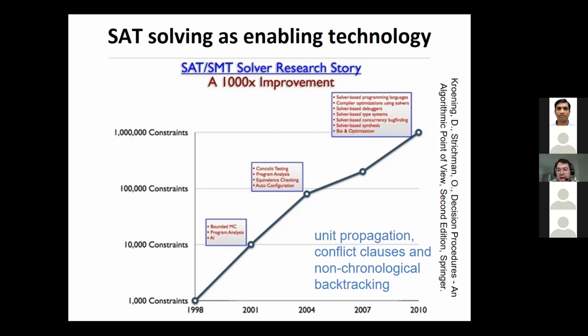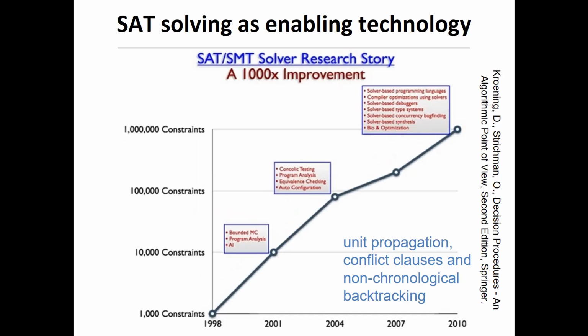And then over the decades, we have seen a substantial improvement of those SAT solvers employing techniques like propagation, conflict clauses, and non-chronological backtracking. That enabled applications related, for example, to quality tests, program analysis, equivalence checking, and quite recently, synthesis, like via CEGIS, the counterexample-guided inductive synthesis, where the SAT solvers enabled such an application in formal methods.